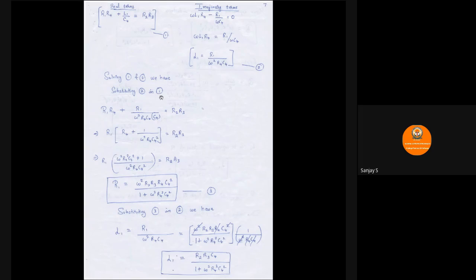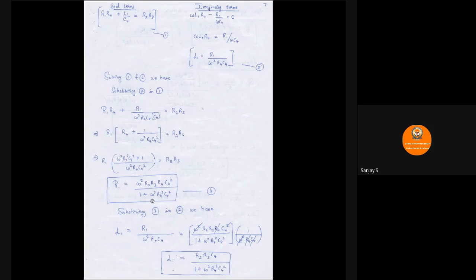So substituting 2 in 1, we have R1 R4 plus, in place of L1, R1 divided by omega square R4 C4 multiplied by C4 that is already there is equal to R2 R3. Multiply this, take LCM. After simplification, we have R1 equal to omega square R2 R3 R4 C4 square divided by 1 plus omega square R4 square C4 square.